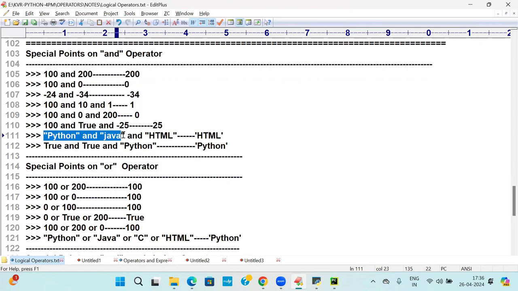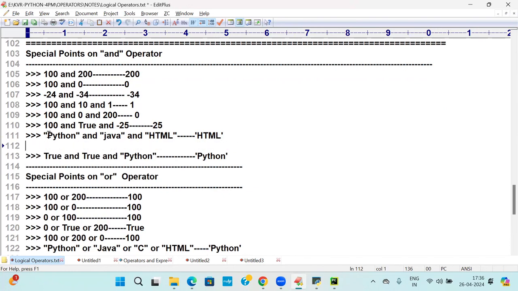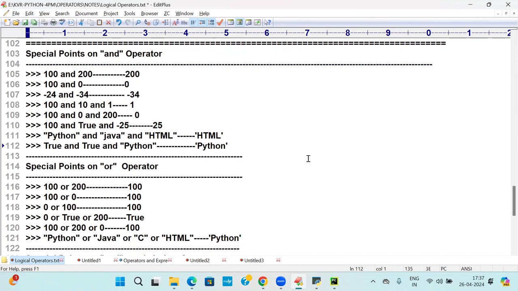Which non-zero will it take? The second non-zero. Non-zero means true. For strings, you calculate on the basis of length only. This is non-zero, this is non-zero. True and true, the AND operator will take the second true. Java and HTML again, which one? The answer is HTML. Yes sir, got it. Okay, thank you.